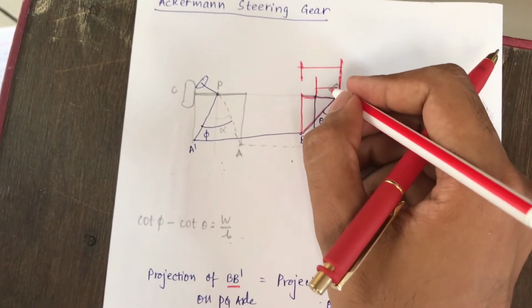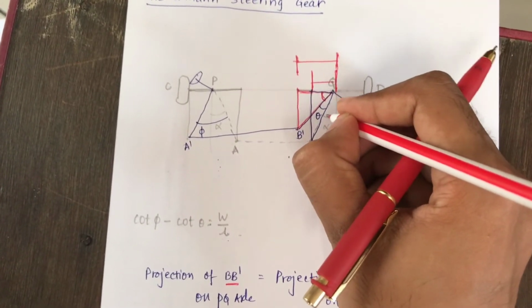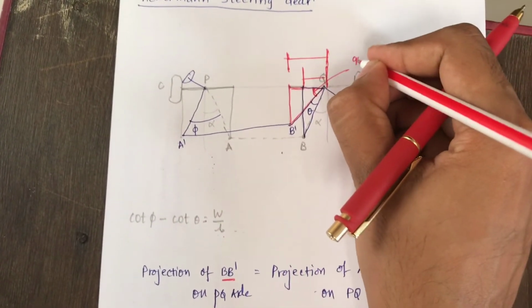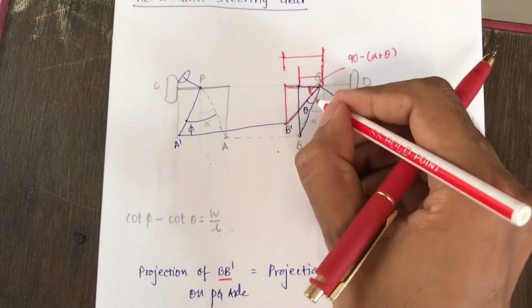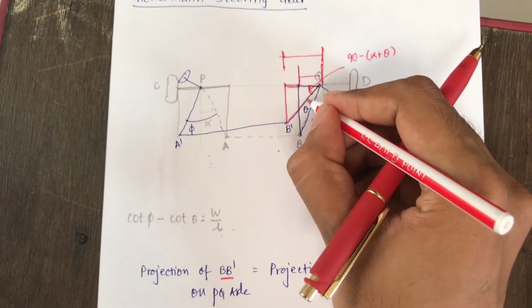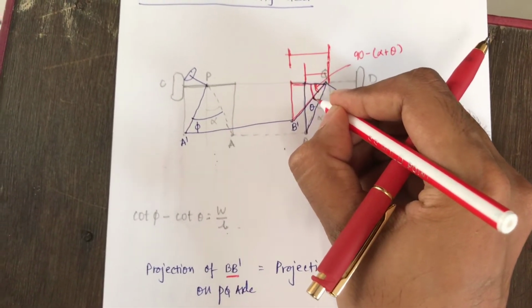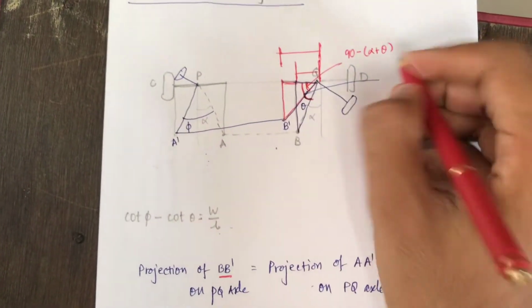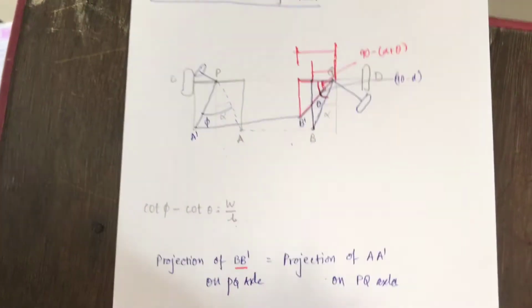For the second right angle triangle, the intermediate angle is this, and the remaining angle is alpha and theta. So the intermediate angle is total 90 minus alpha plus theta, and for external it is theta. Here for the blue color triangle, the remaining angle will be 90 minus alpha as seen in this geometry.